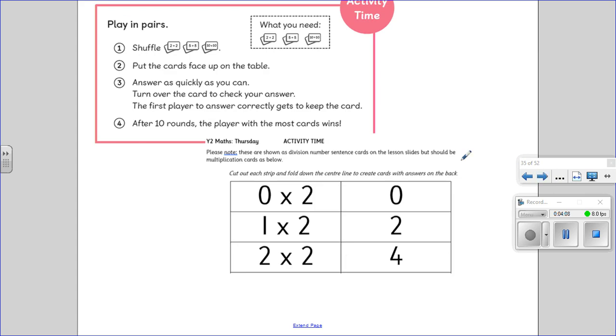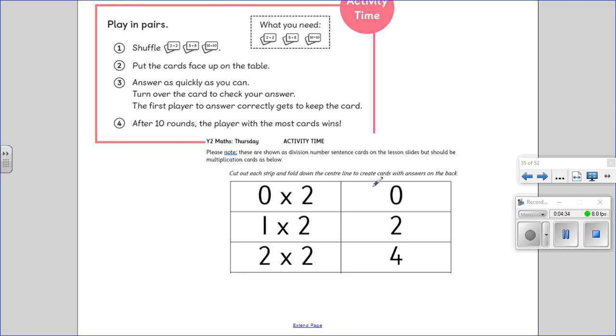Okay, so this part is activity time, and it wants you to have some cards and shuffle them with multiplication equations on. Please just bear in mind that on here it says that they are division number sentences, but that's not what we want you to do in activity time. So we have added this to the resources for you to make the cards yourself.